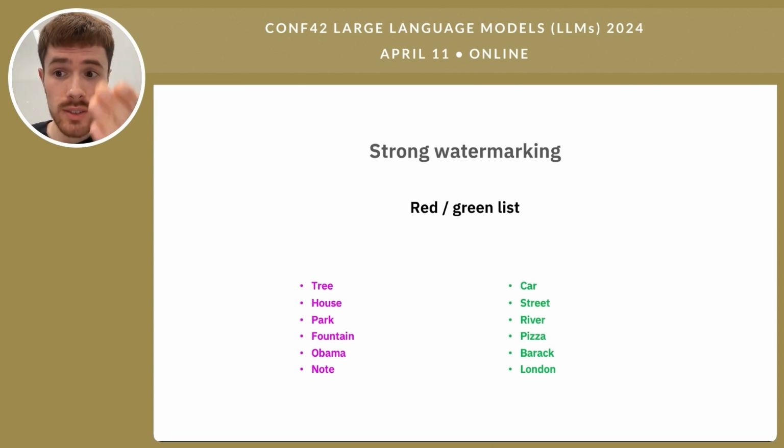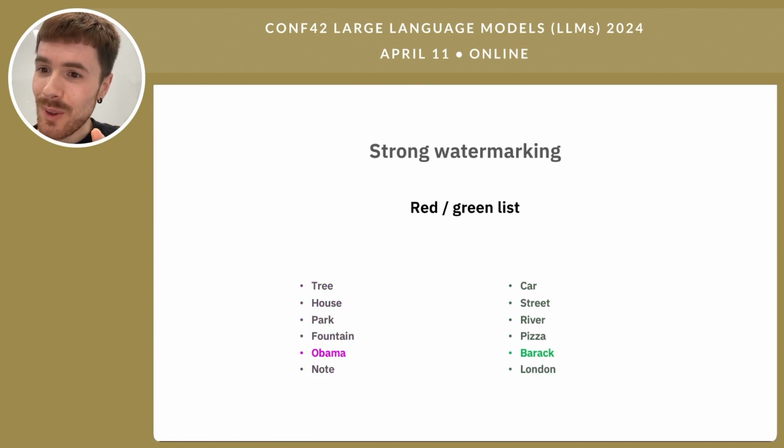I have two lists. One list is my red words and the other list is my green words. What I do after that is I just tell the system, you can never write any of the red words. If you write a red word, that's banned, so you can't choose those words in your distribution of probabilities that we saw before.